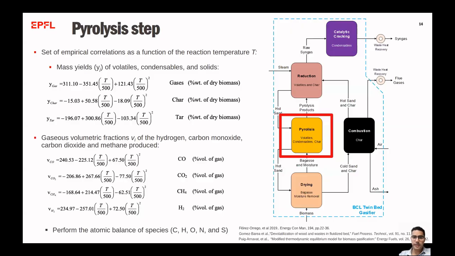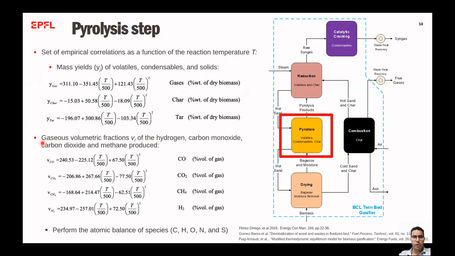Next, in the pyrolysis process, we need to use empirical correlations to determine two things. First, the fraction of gas, char, and tar on a mass basis, on a dry biomass basis. This gas, in turn, can be composed of different volatiles.